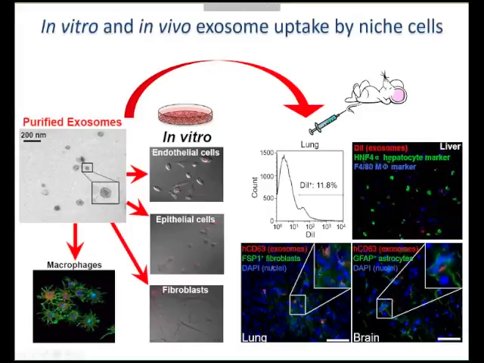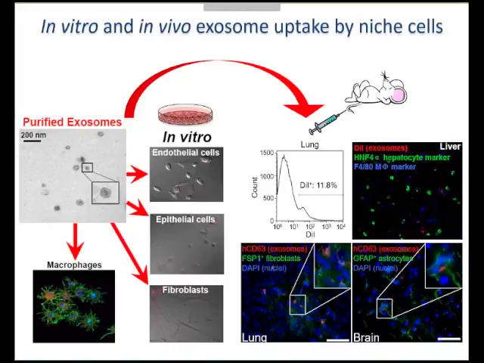And we can also section tissues and use cell type markers to further confirm the type of cells in that tissue that can take up exosomes. Using liver as an example, we separately labeled the hepatocytes and the Kupffer cells using different markers, and from this picture you could see that the dye signals are exclusively detected in Kupffer cells, which are the macrophages in the liver, but not in those hepatocytes, suggesting that in vivo, exosomes do have specific homing properties.